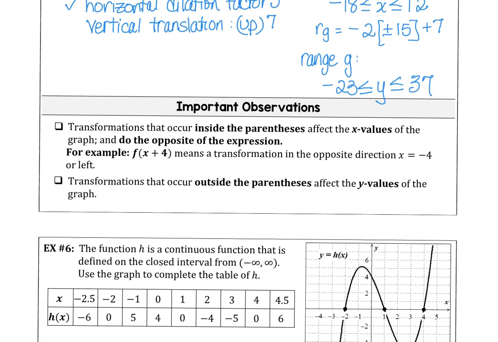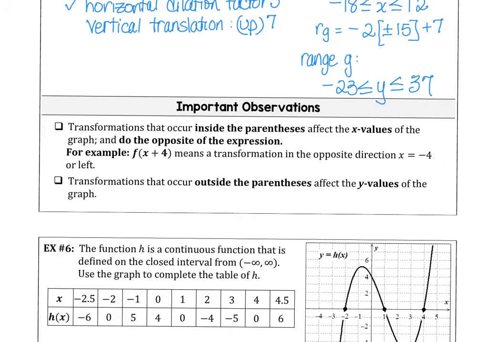So looking at some important transformations, things to remember here. Transformations that occur inside the parentheses affect the x values, and we do the opposite of the expression. For example, f of x plus 4 means a transformation in the opposite direction. X is negative 4, or to the left.